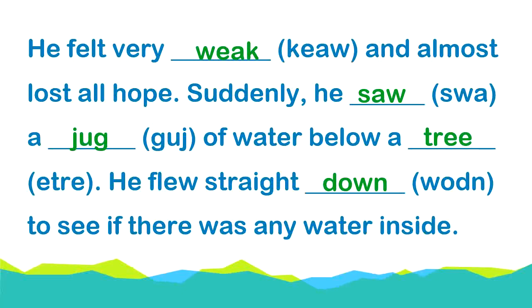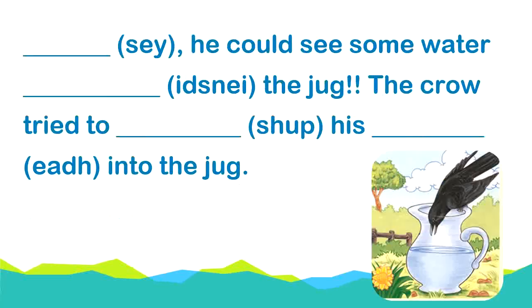Do you know what happens in the story after this, children? Let us read to find out. Dash. He could see some water. Dash the jug. The crow tried to dash his dash into the jug. Can you make sense of this paragraph? Not quite.